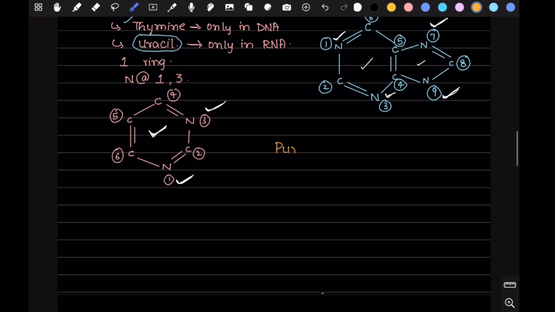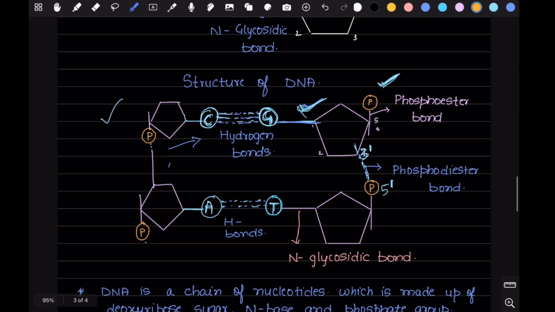Purines are always bound with pyrimidines. So in this structure, on one side if there is a pyrimidine, there should be a purine on the opposite side strand.